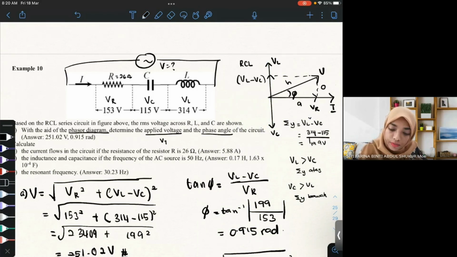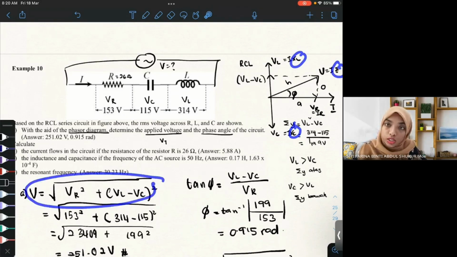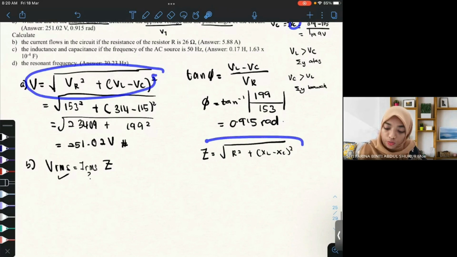Voltage ni adalah I XL, I XC, I R. If you were to eliminate all the term dekat sini, ini akan jadi IZ lah. Tinggal R, XC, XL dan juga Z sahaja. So kita akan guna kaedah yang sama untuk deduce the equation for Z here.